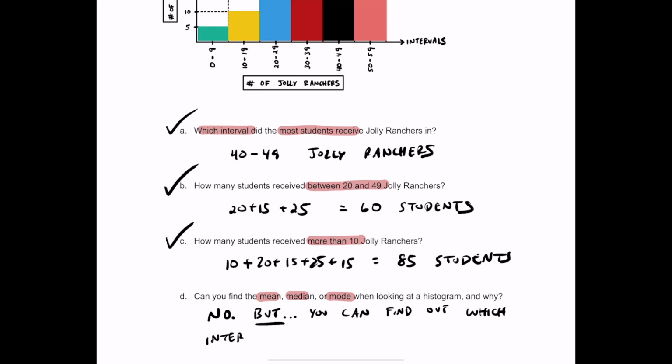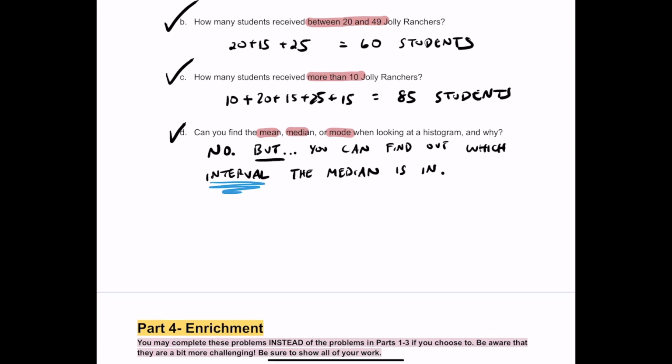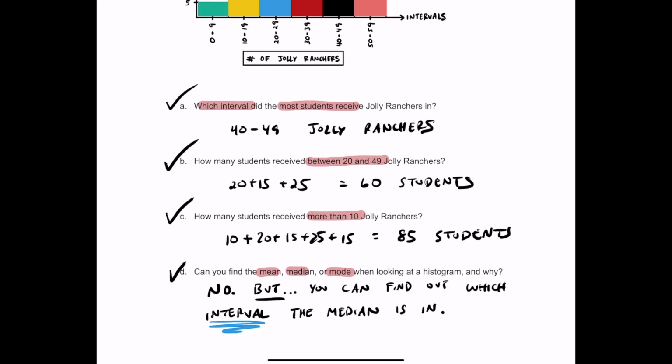You can't find out what the actual value is, but you can find out which interval the median is in. If you cross off left and right, you can find out where the middle is, but not specifically what the value is. Histograms are not meant for us knowing the specific values. They just let us know the frequency of how often numbers are in a specific range. And that is part D.